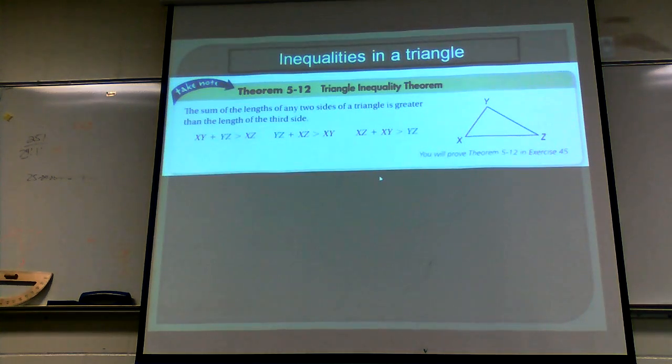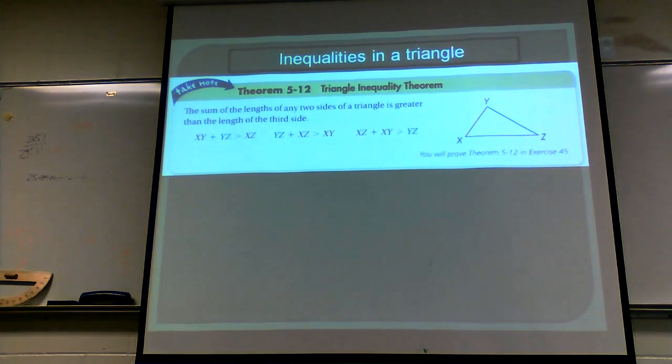This triangle inequality here. Like I said, this is going to be one thing that gets used in chapters beyond this. It will be referenced in the other chapters as the triangle inequality. Basically, all it says is that for a triangle to actually exist, if you add 2 side lengths together, that sum has to be bigger than the third side.